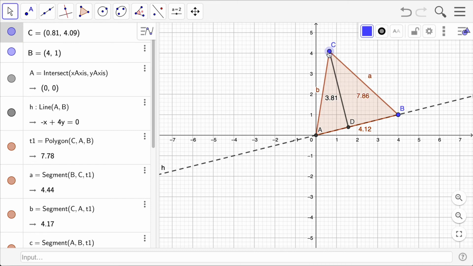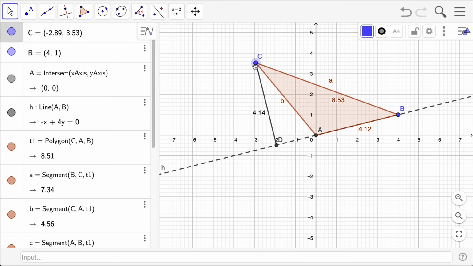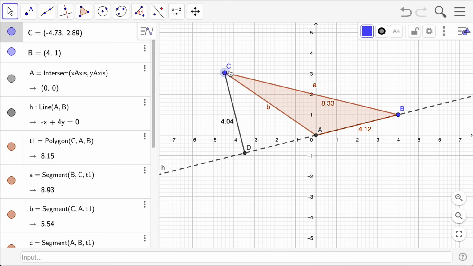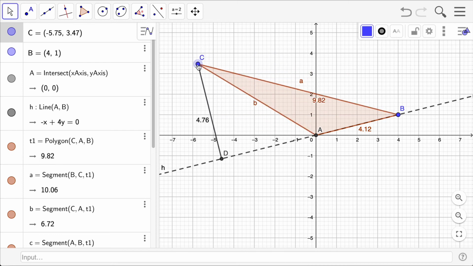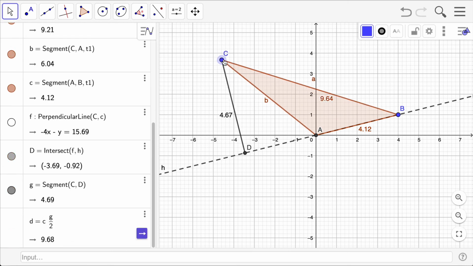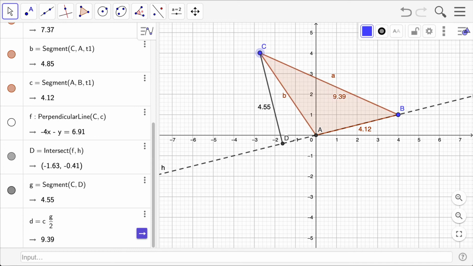And so as I change the C, I'm not changing the base at all because I'm not changing B, just changing the height. And as you can see, the area, this D over here, is the same as this area of the triangle.